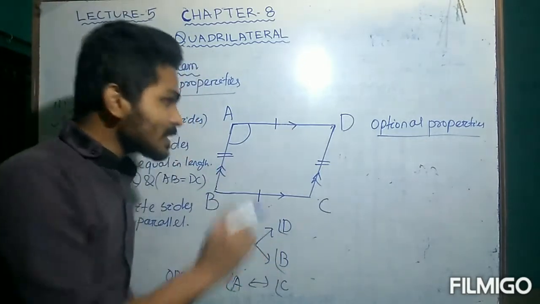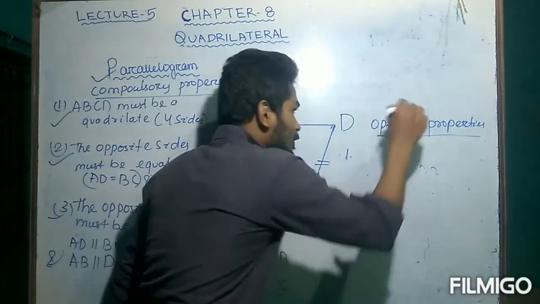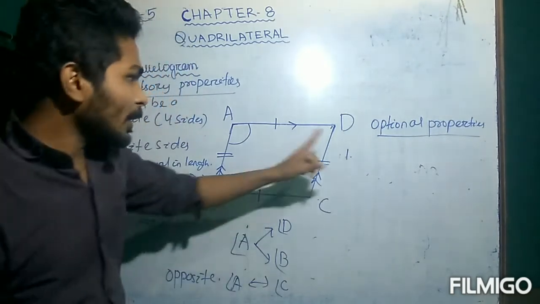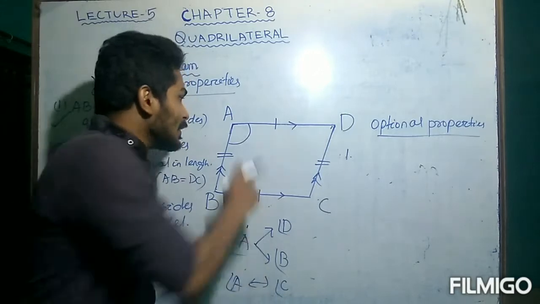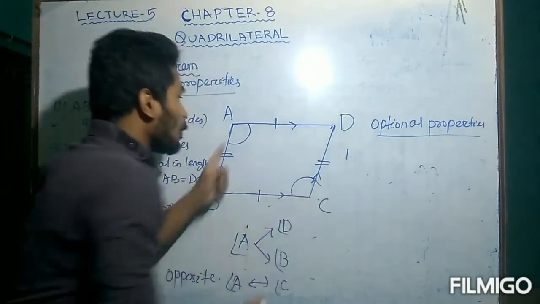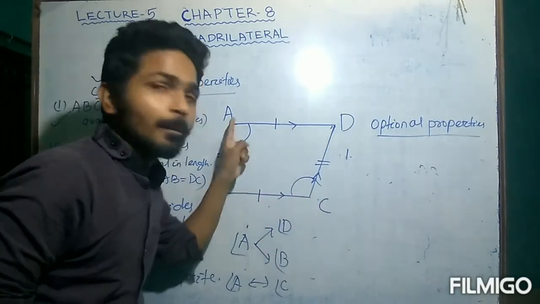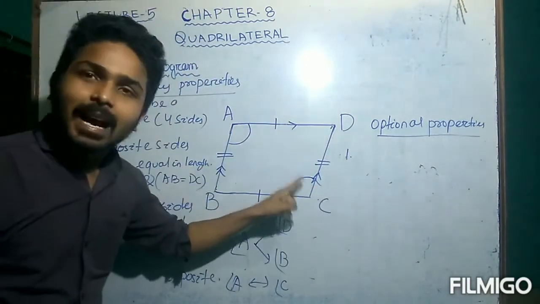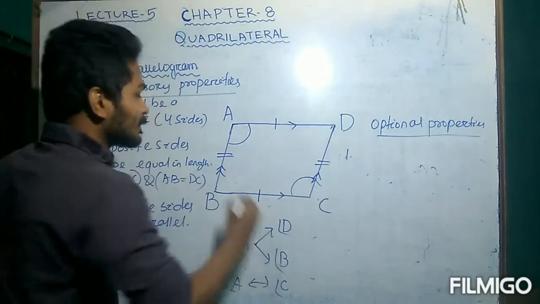Now, based on this concept, we have to write the first optional property of a parallelogram. What is it? The first property says that the opposite angles of a parallelogram are equal. A and C are opposite angles, so they are equal.